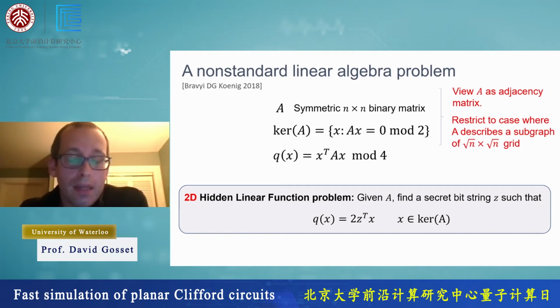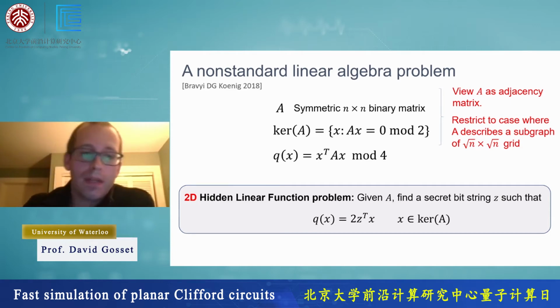That subset of instances corresponds to the case where, if we view A, the symmetric binary matrix, as the adjacency matrix of a graph, then we only consider matrices A that describe a subgraph of a root n by root n grid. Okay, so that's the linear algebra problem.